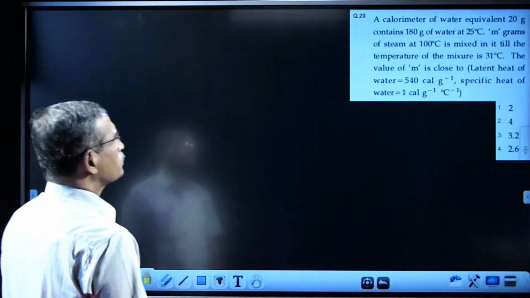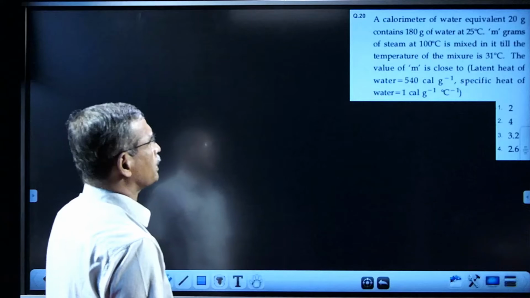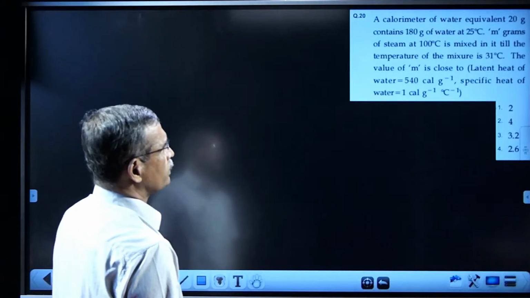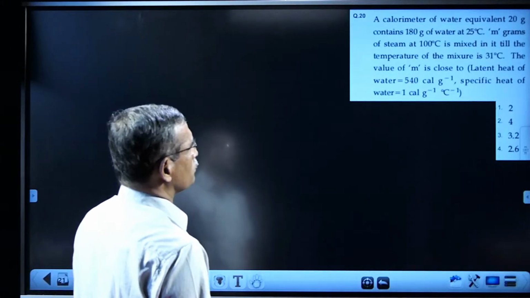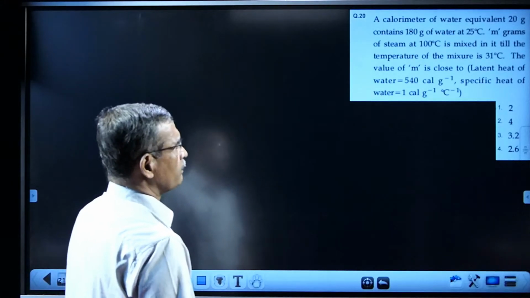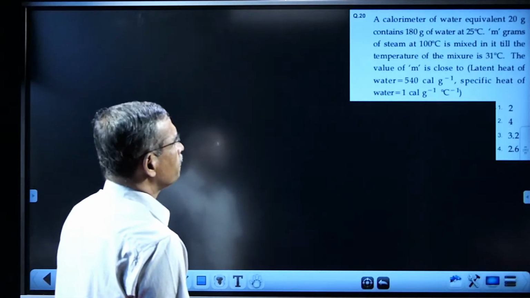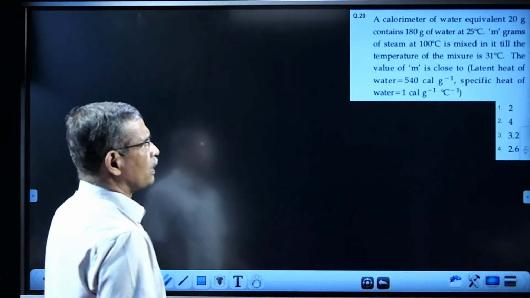Next question: a calorimeter of water equivalent 20 gram contains 180 gram of water at 25 degrees centigrade. M grams of steam at 100 degrees centigrade is mixed in it till the temperature of the mixture is 31. Then find the value of M, given the latent heat and specific heat of water.